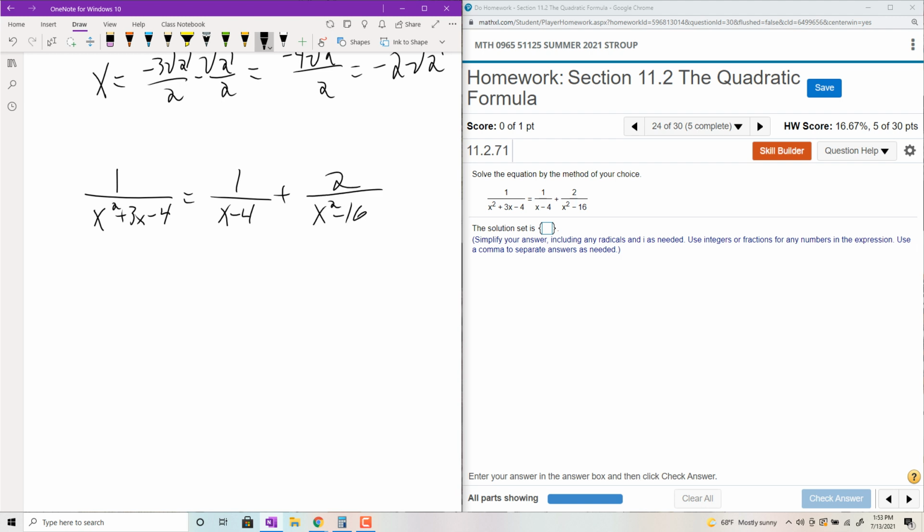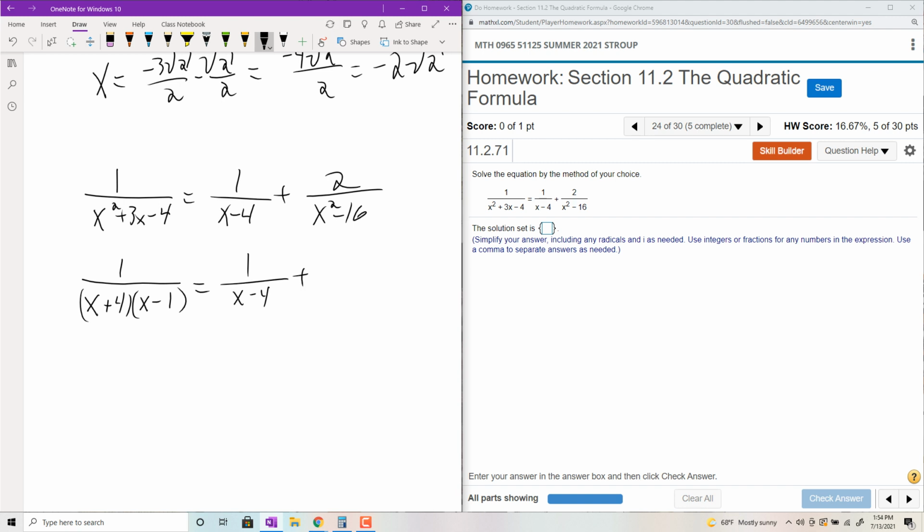Okay, so this is a rational equation. I got to factor the denominators. I'm not even sure if this is an actual 11.2 problem, but we'll find out. Okay, so what do we have? x plus 4, x minus 1. Really?